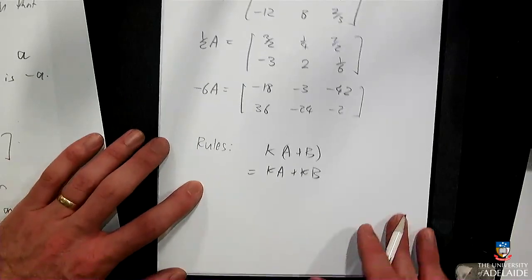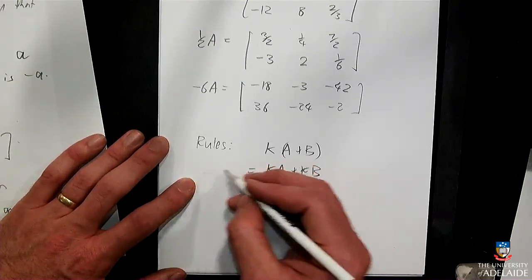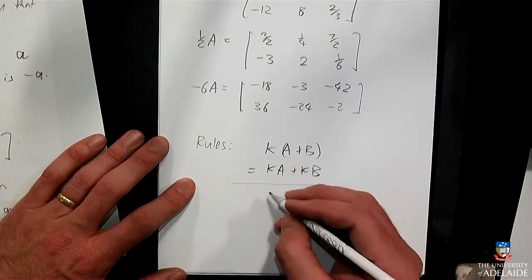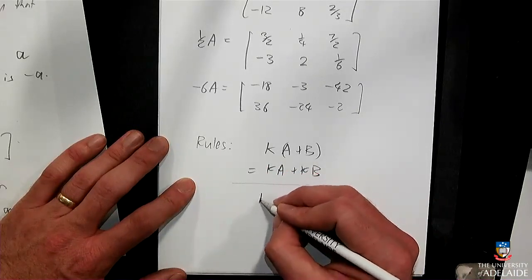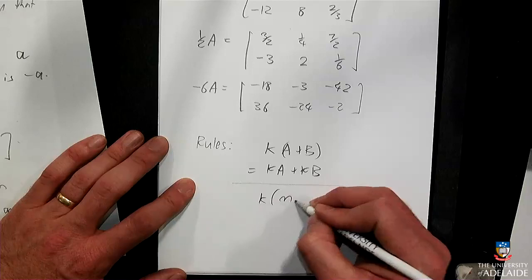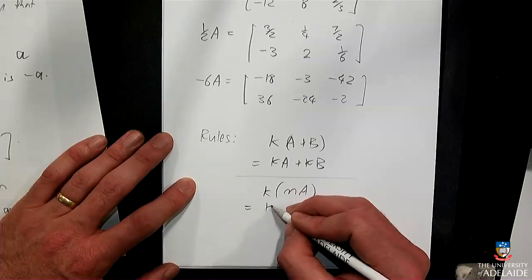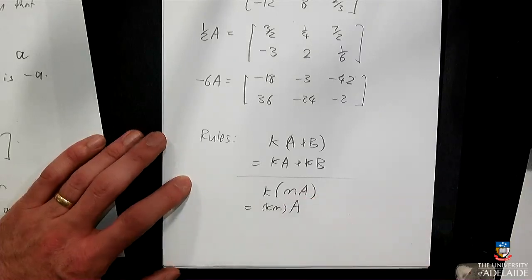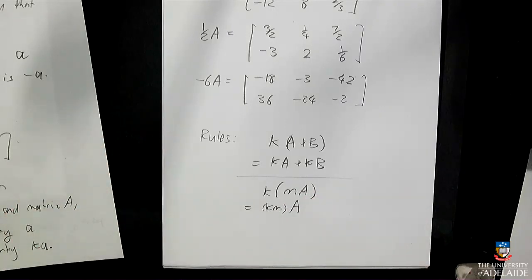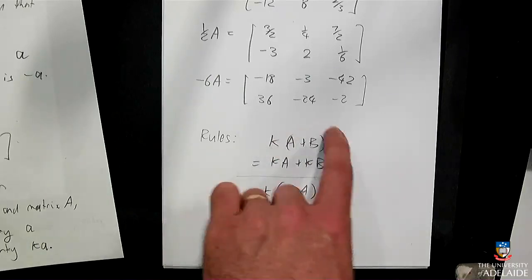And also, k times m times A is the same answer as multiplying those two numbers and then multiplying by A. Now just note, when we write these things, we never write the k on the right-hand side.